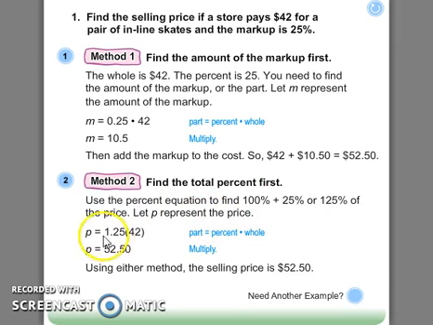So let's let P equal the price and use the same equation, P being the part, or what it's going to be after that 125% markup. Turn 125% into a decimal, so 1.25 times 42, which is the whole. If you do that, you'll notice that you actually get the selling price without having to add. So there are two methods that you can use. You can choose whichever one you'd like.